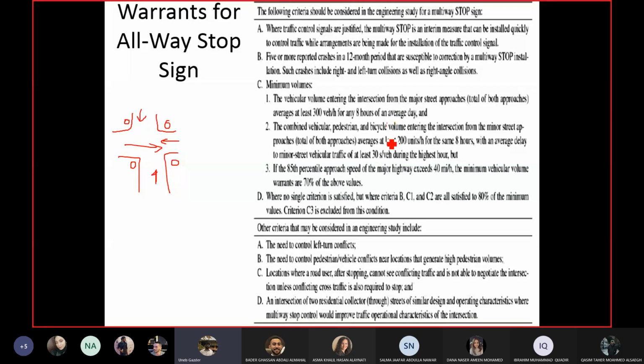Basically you are looking for the first 2 values, but if you have a speed of more than 40 miles per hour, then you have a relaxation in these values.